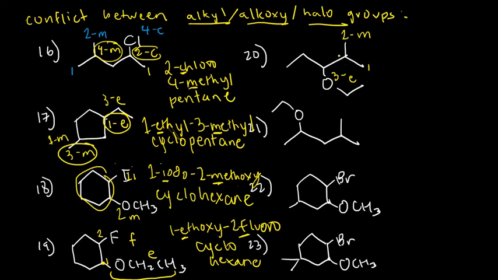So 2, 3 wins. Okay? So this would be, how do I write that? I write that as 3 ethoxy, 2 methyl pentane. And notice this, even though my ethoxy has the higher number, I still write it first.